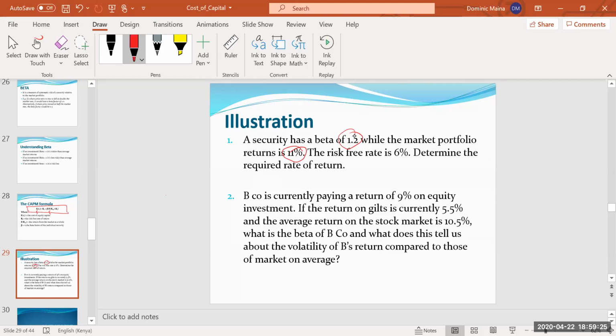To determine the required return to the equity shareholder, as per the model, the cost of equity will be the risk-free rate plus equity beta times (RM minus RF).